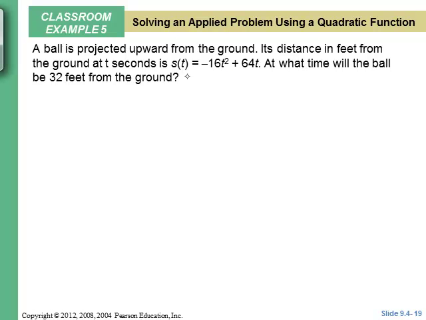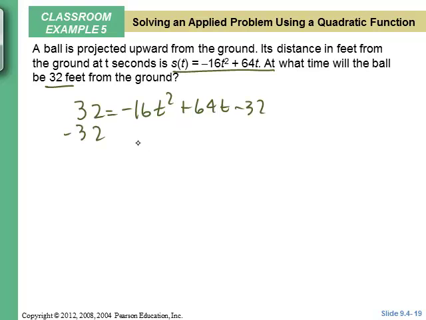Okay, this is a standard distance formula for an object being shot out of a gun or something like that. The distance as a function of time is negative 16t squared plus 64t. At what time will the ball be 32 feet from the ground? So 32 equals negative 16t squared plus 64t. Subtract 32 from both sides.